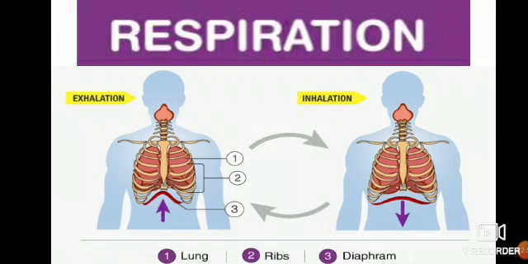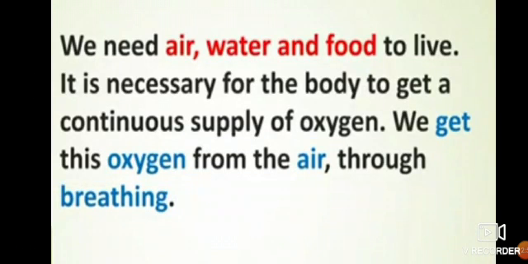So let's see. We need air, water, and food to live. It is necessary for the body to get a continuous supply of oxygen. We get this oxygen from the air through breathing.